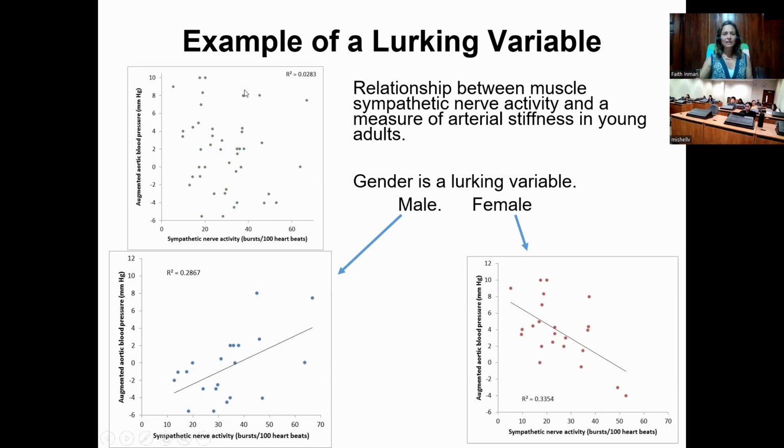You would look at this scatter plot, these green dots, and you would think there's no relationship. There's nothing going on. Your R squared is 0.02. If you put a line on there, your slope would probably be about flat. So there's not a relationship between these two variables. X explains less than 3% of Y.